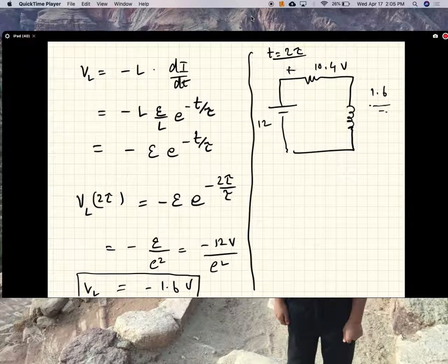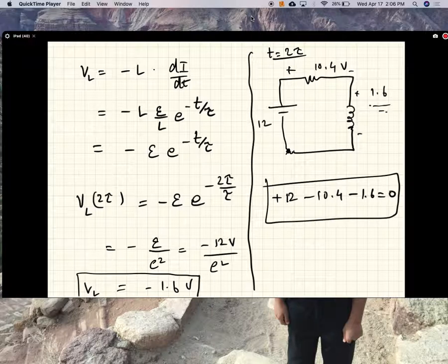This is high, this is low, this is high, this is low. 10.4 plus 1.6 is 12 volts. So you start off here at plus 12 volts, and we are going to go counterclockwise. So this is plus 12 minus 10.4 minus 1.6. Okay, as expected.